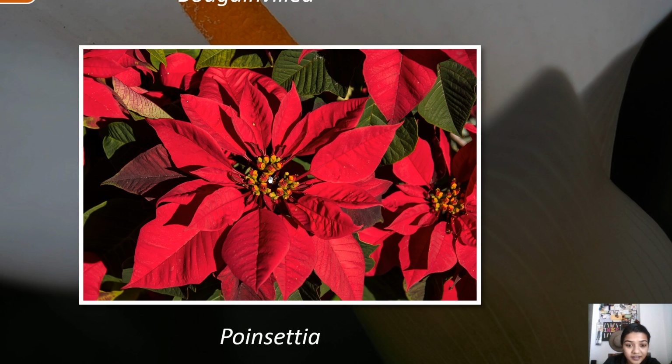This is the nectar gland that is present, the nectary. This is a cyathium inflorescence, right? This is the flower, right? And the red structures that you see are the petal like structures, the leaf like structures, but brightly red in color, right? So these are the bracts, the red structures are the bract.